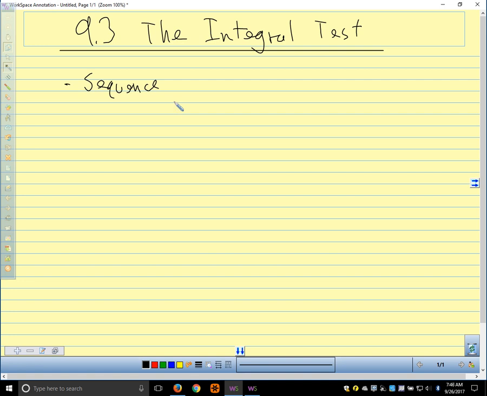And what we were interested in with a sequence, well, sequences are nice. They're just a list of numbers. To test for convergence, all we need is the nth term approaches a limit. That implies convergence.